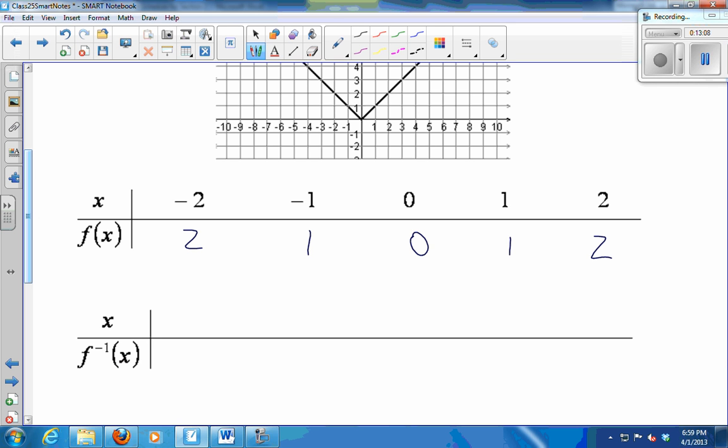So if -2 is my input into f, then when I take that value of the output and plug it into f inverse, what should I get out? -2, right? So this would be 1, -1, 0, 0, 1, 1, 2, 2.